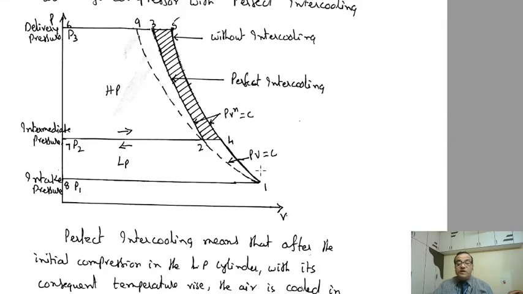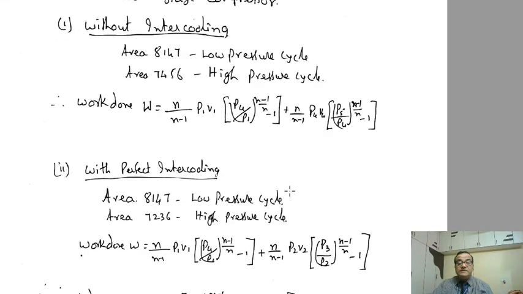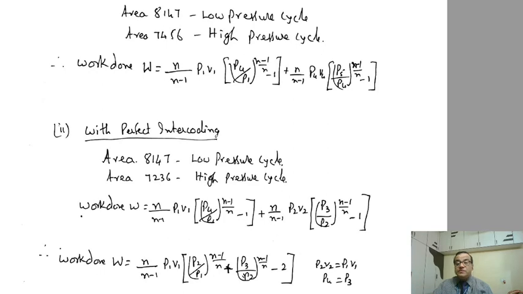Area 8147 is the low pressure cylinder, and then the high pressure cylinder is 7236. You can see here 7, 2, 3, 6.